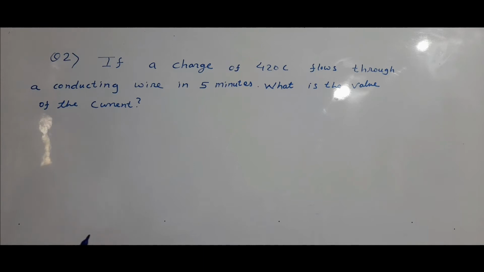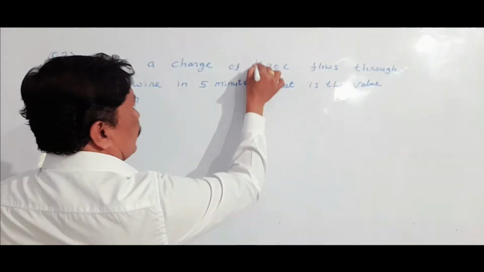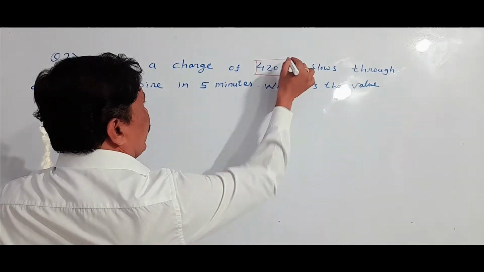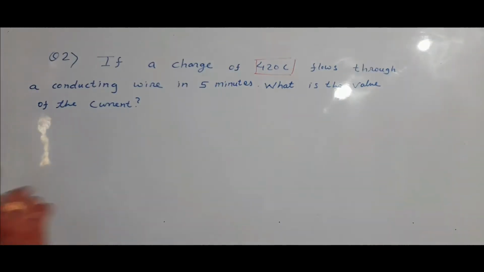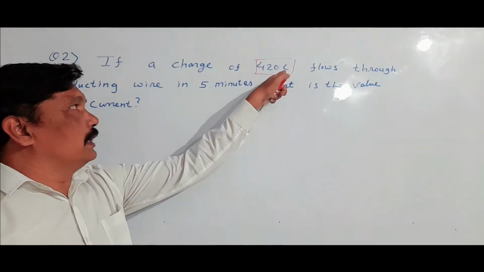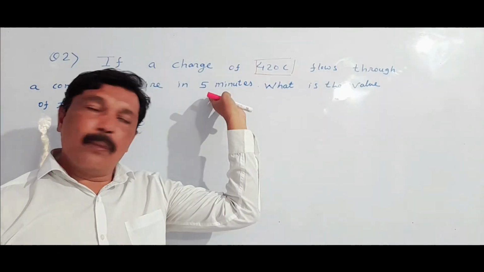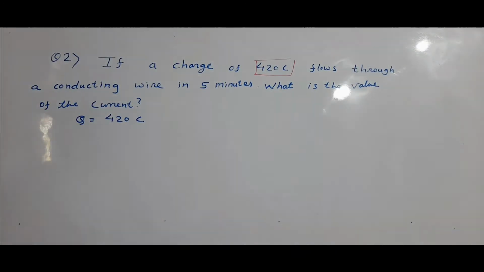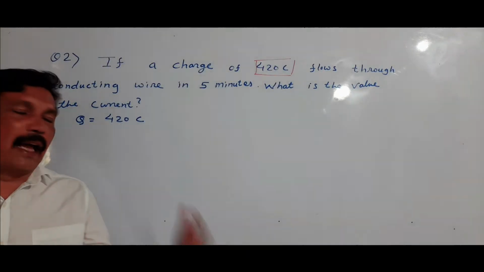My dear student, here one value is given, that is 120 coulomb, and we know that coulomb is a unit of charge, that is Q. Q is equal to 120 coulomb. The second value is given, 5 minutes, and minute is a unit of time.